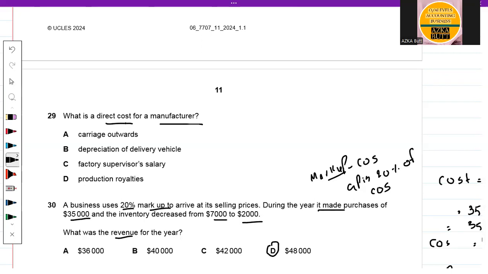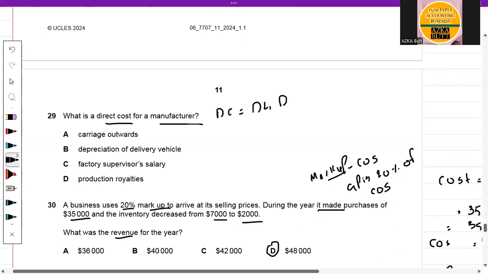Direct material is also a direct cost, and there is one more cost which is royalties. These are the costs which you incur to prepare the product.